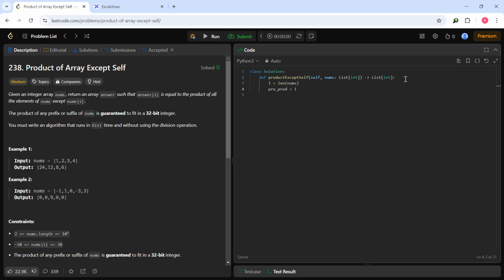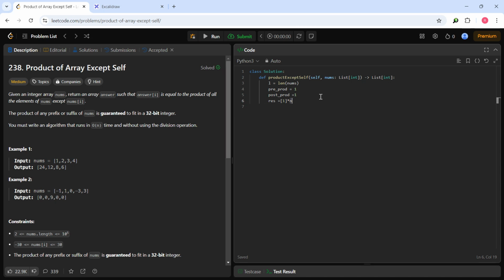We don't put 0 here because multiplying anything by 0 we will always get 0 and we won't be able to find the answer. The next would be post-prod, the post product, which would also be 1. And we also have to have a result array in the beginning. Every value in that result array would be 1, so we'll have 1 times n.